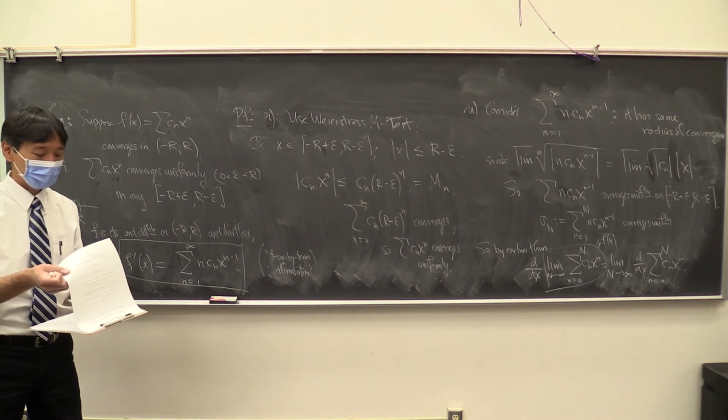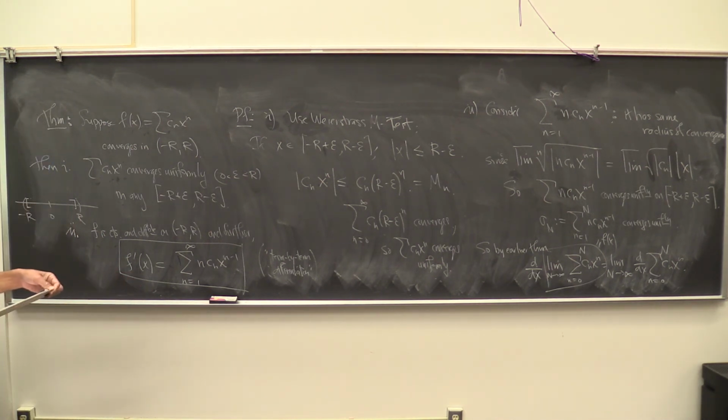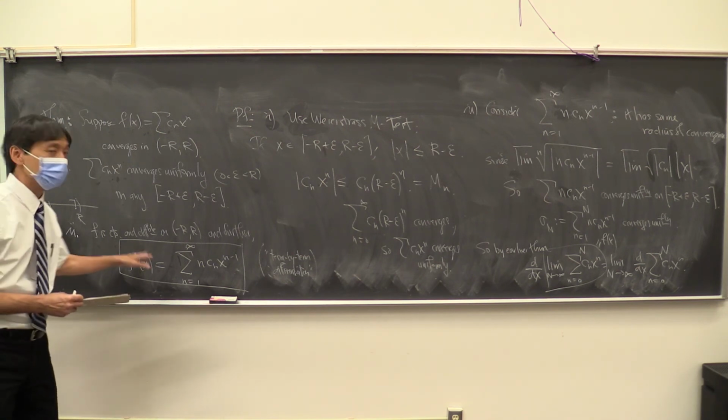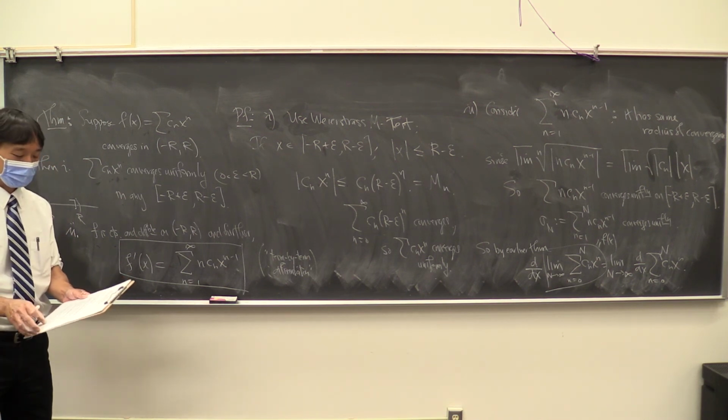So that's cool. I hope that's kind of interesting to you, that whenever you have an analytic function, it's infinitely differentiable, and you can get the derivatives by doing term by term differentiation.